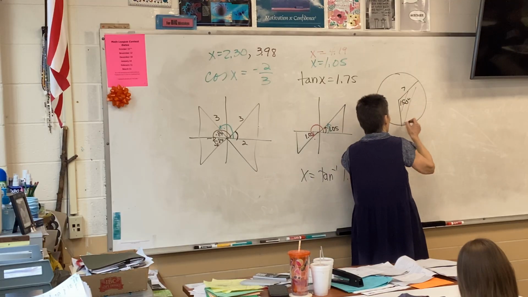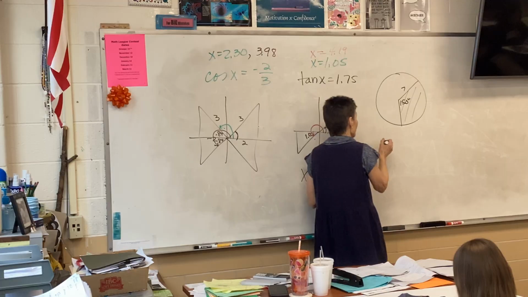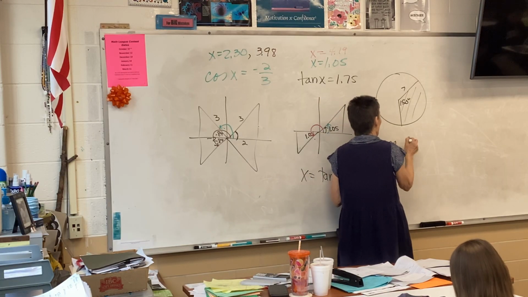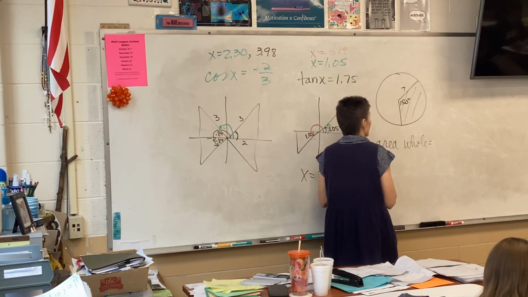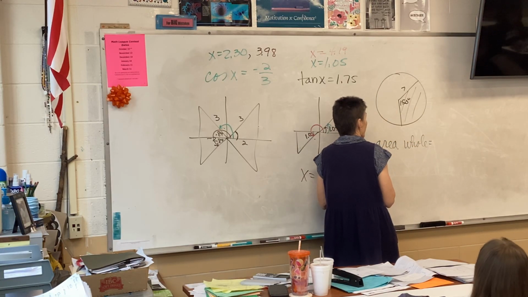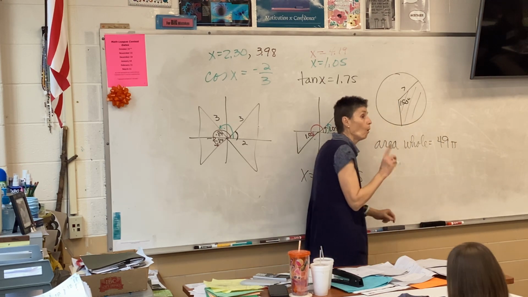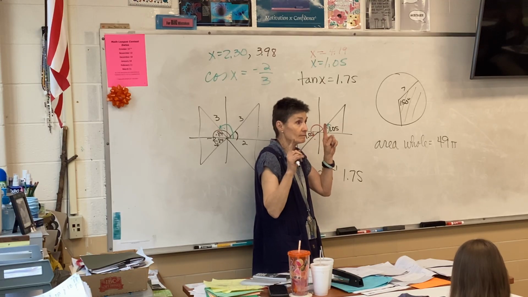So this guy right here, can you tell me what the area of the whole circle is? What's the area of the whole circle? Pi r squared, 49 pi. So 49 pi would be the whole thing, right?